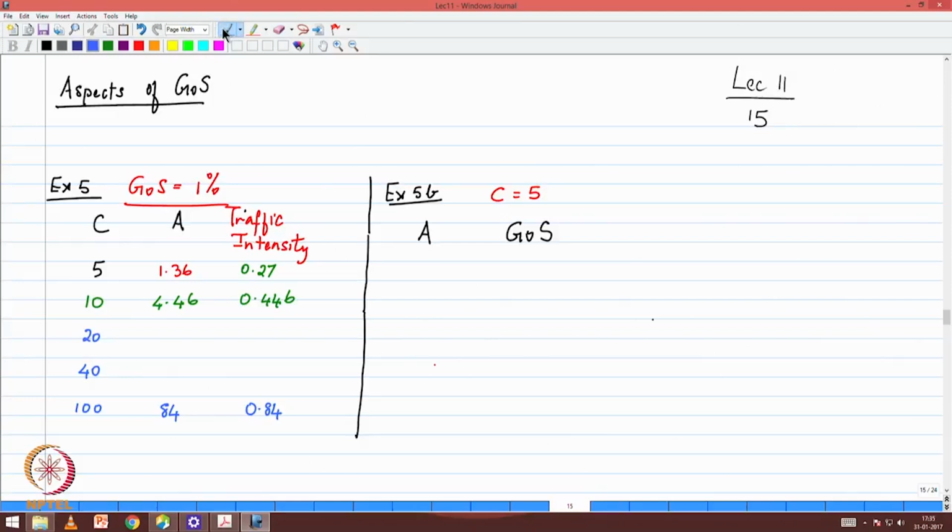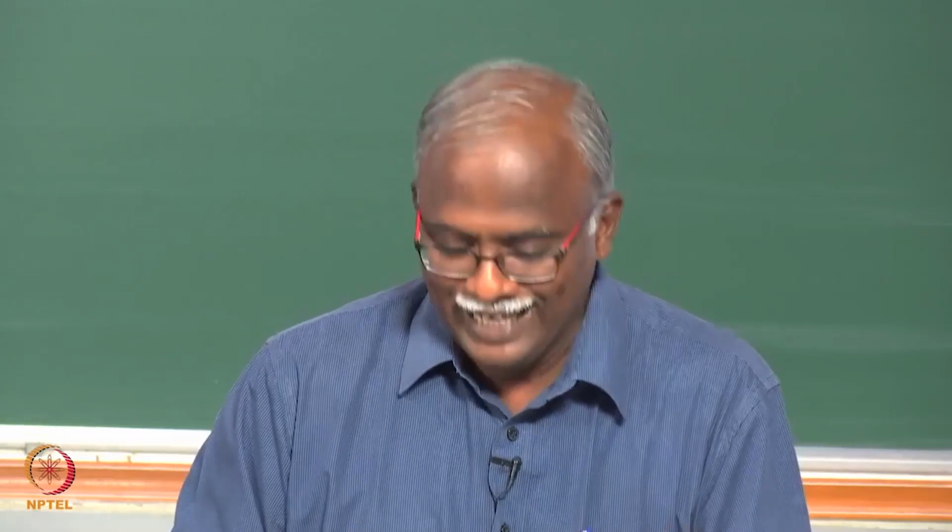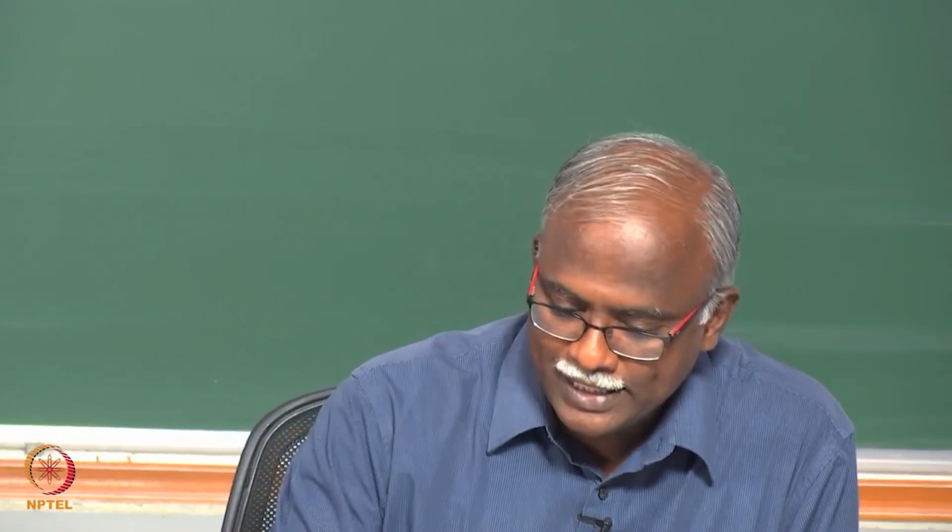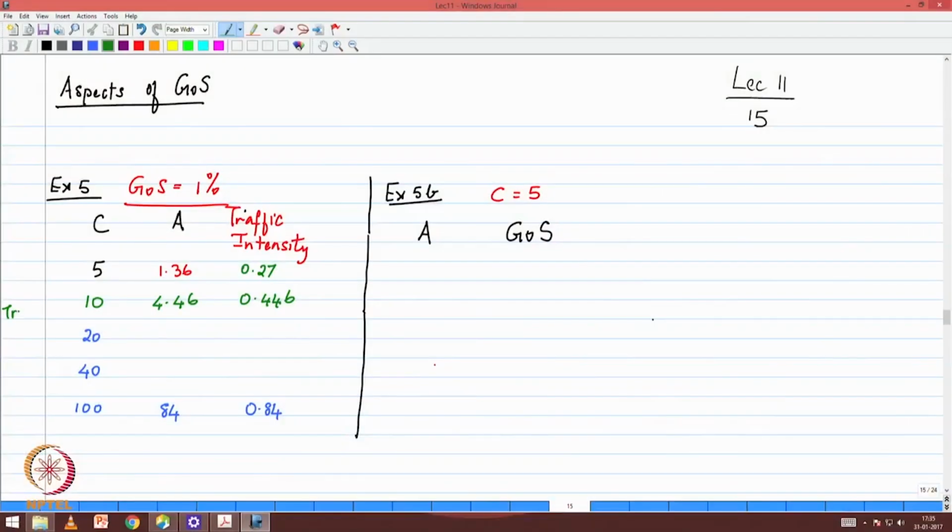Okay, so keep in mind that it's a non-linear relationship. There is a huge advantage when you have more channels. This is what we refer to as trunking efficiency. Now if you remember, we said don't do too much sectorization because you will lose trunking efficiency.